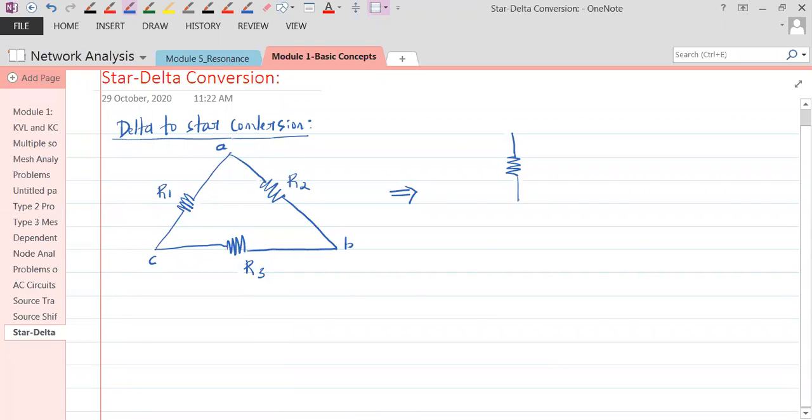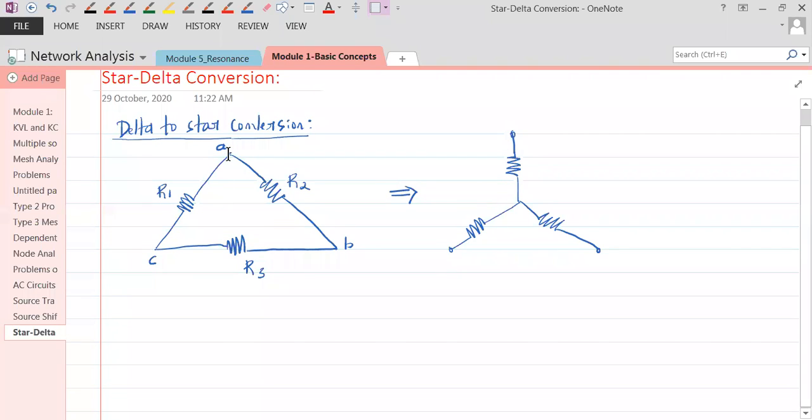What is that star type of network? See here, this is a star network. Fine. Now we should also observe that this delta network has three resistors, R1, R2, R3.